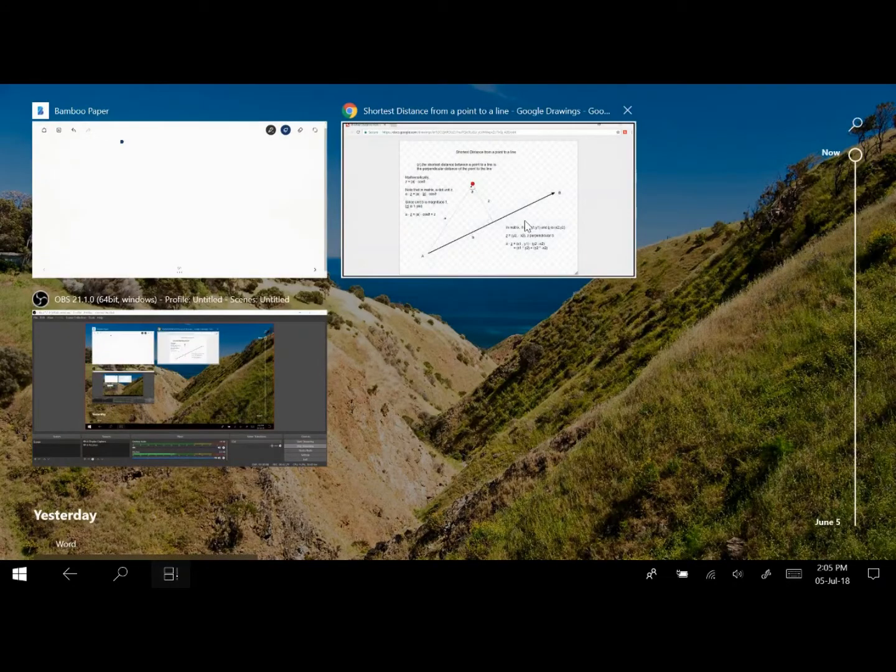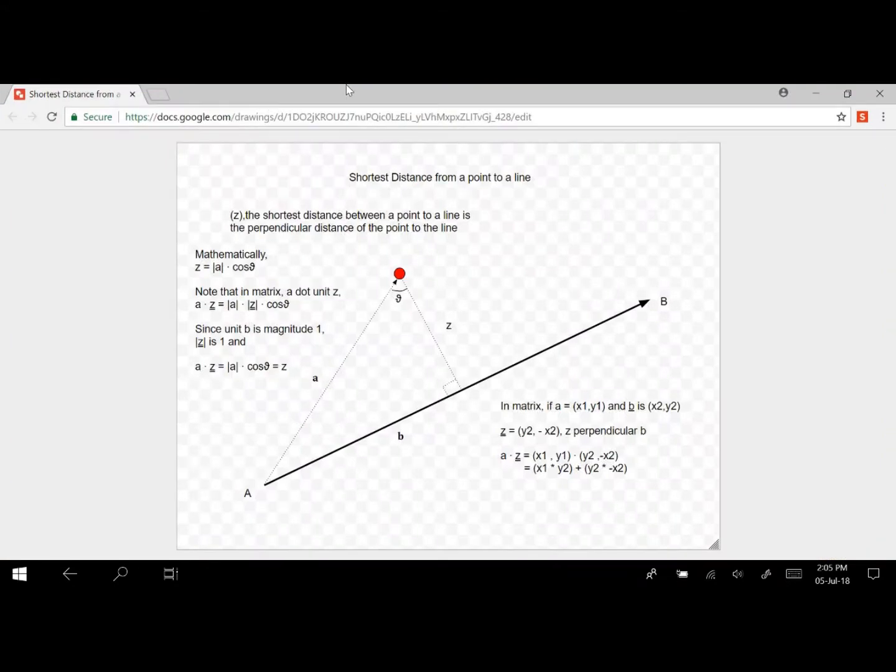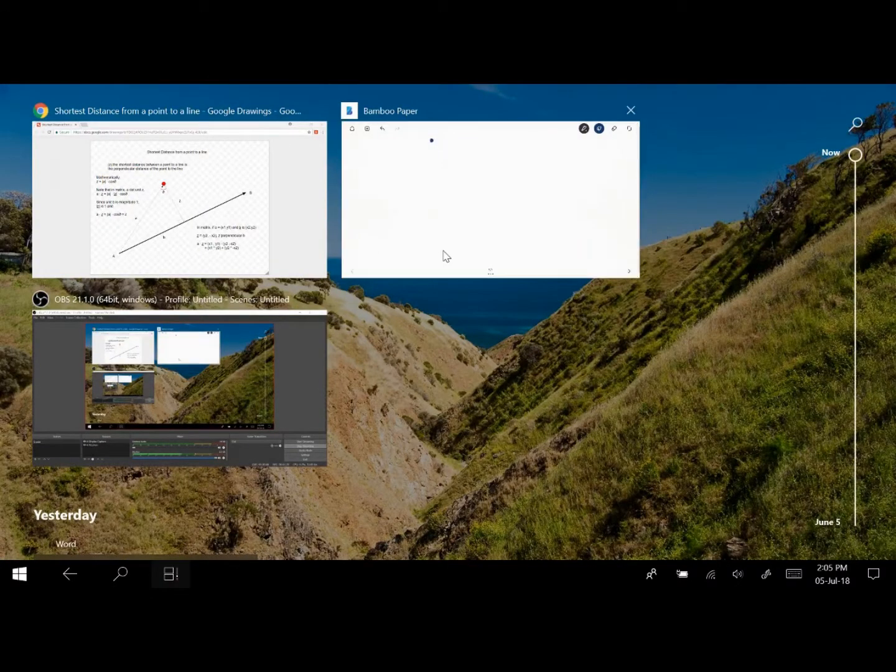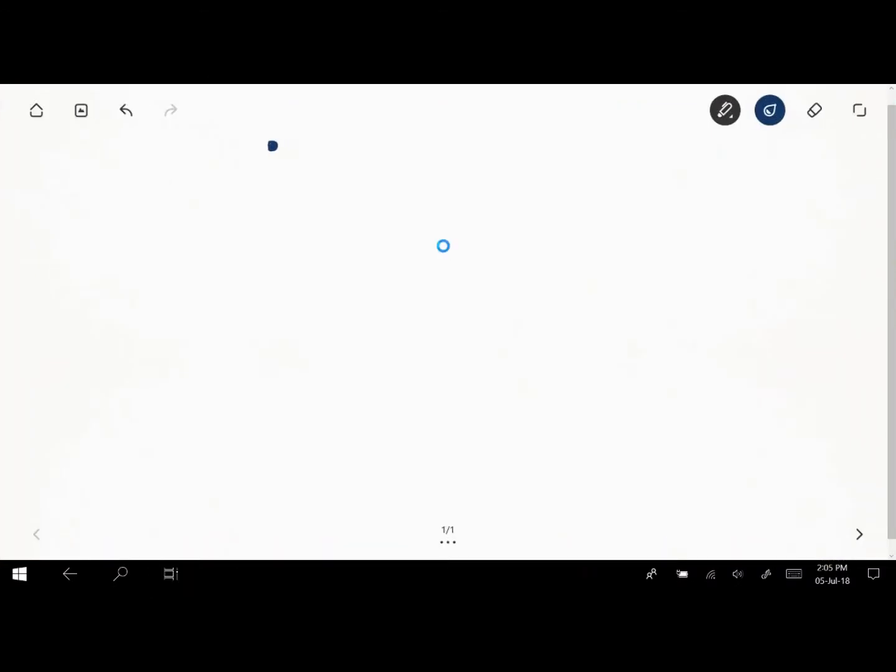Given a whiteboard like this, you have a point, say here. We didn't give it any name, so let me call it C. Point C itself has x and y coordinates.